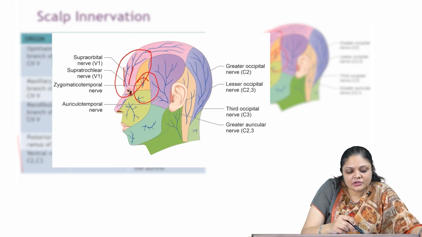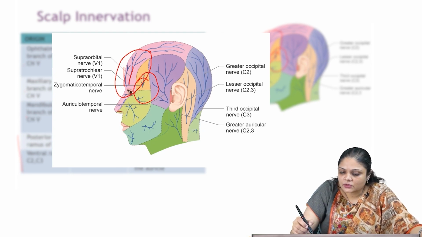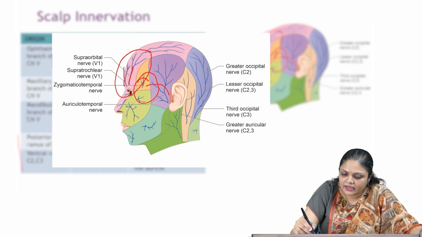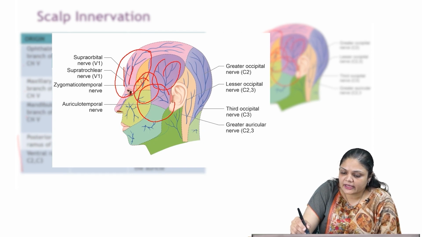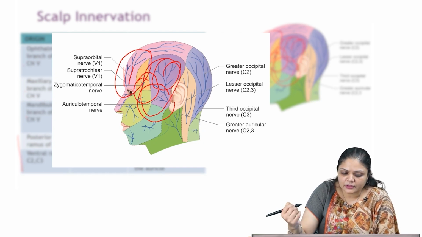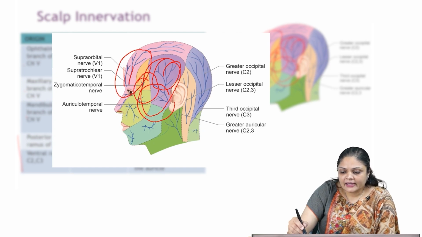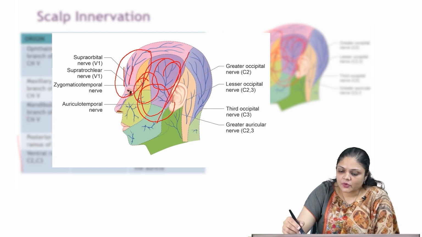And the mandibular division of the fifth cranial nerve gives rise to the auriculotemporal nerve, and it innervates your temporal areas, the lower lip and auricle, and the scalp above the auricle. So this entire area is your auriculotemporal nerve. These are your anterior innervation. The posterior is by the cervical nerves, the greater occipital, and the lesser occipital.